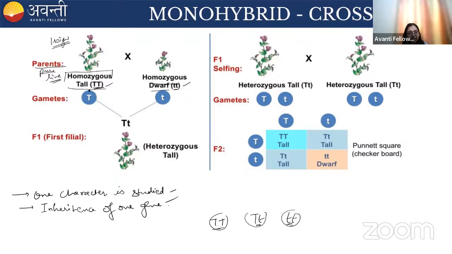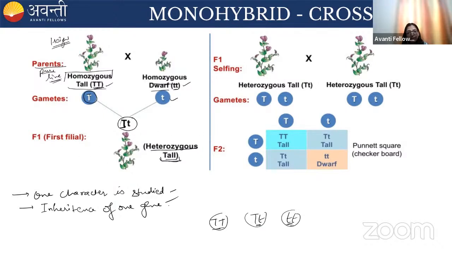This plant produces the gamete capital T, and this plant produces the gamete small t. In the F1 generation, we are getting capital T, small t, that is heterozygous tall, because the dominant allele is going to express and the recessive allele is not. So we get the tall plant because the dominant allele, capital T, expresses and shows its phenotype.